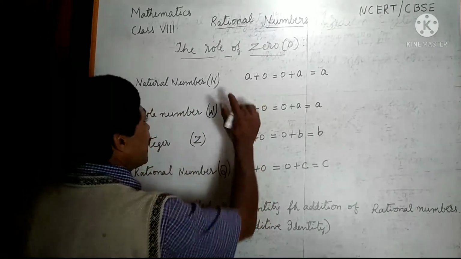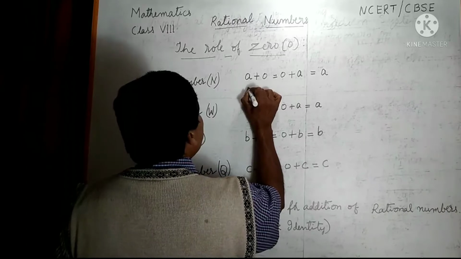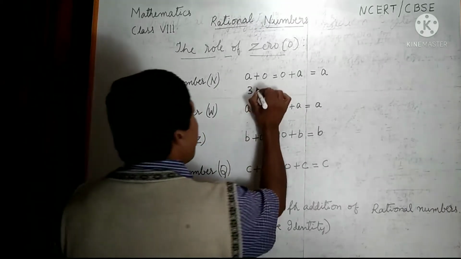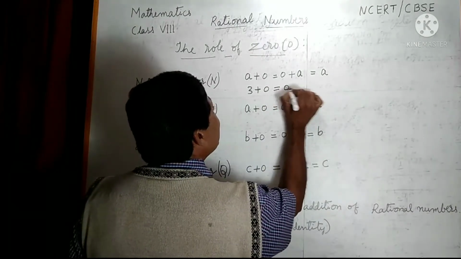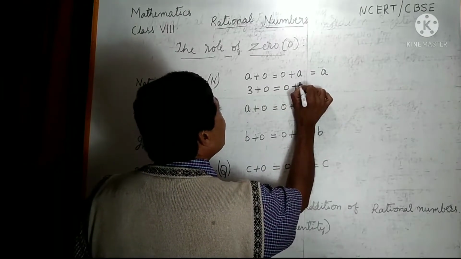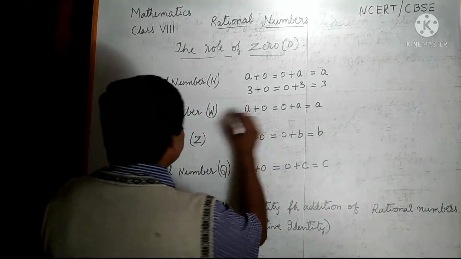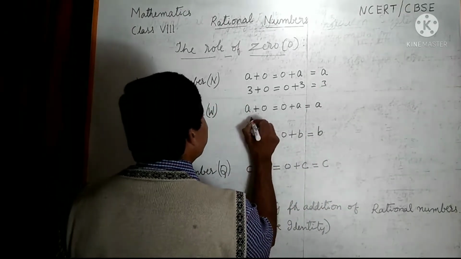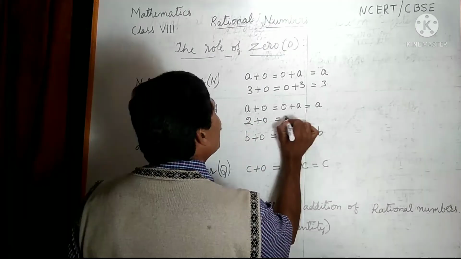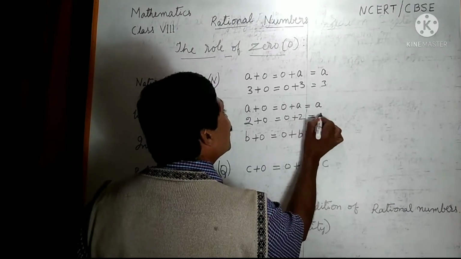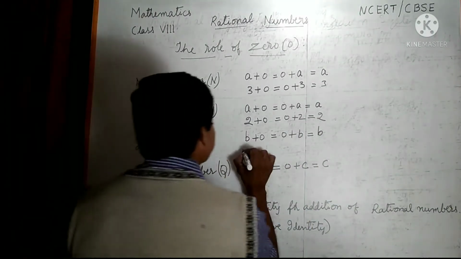Let us see here some examples. Let us take a natural number. Let us take 3. When we add 0 to 3 or 3 to 0, we will get 3 only. Similarly, let us take a whole number. Let us take 2. 2 plus 0 is equal to 0 plus 2 is equal to 2 only. Similarly, let us take an integer.